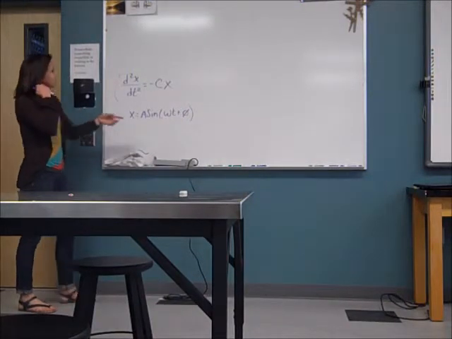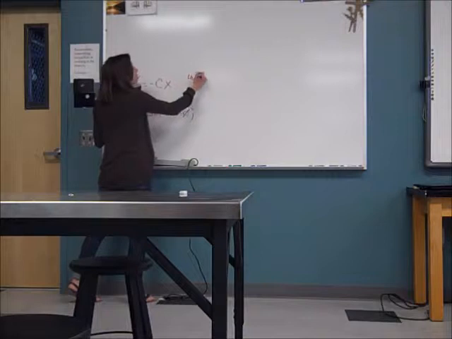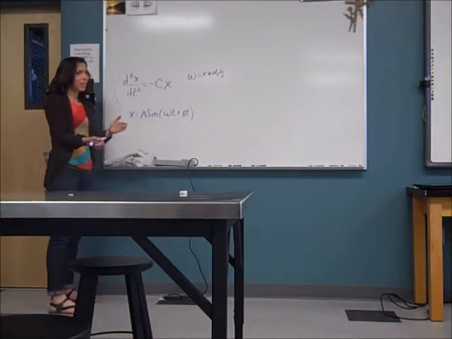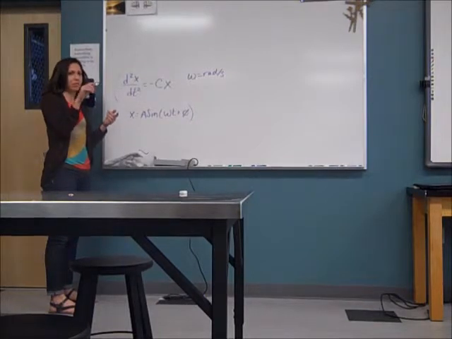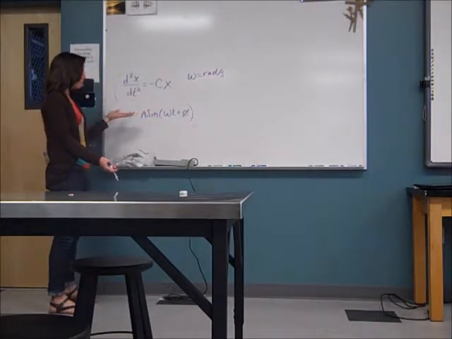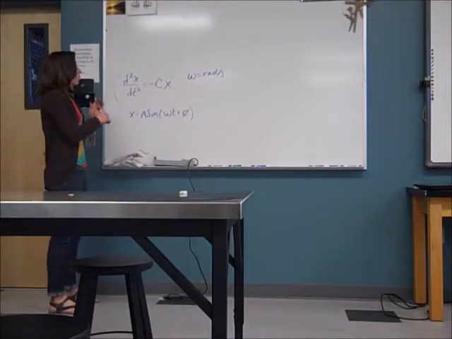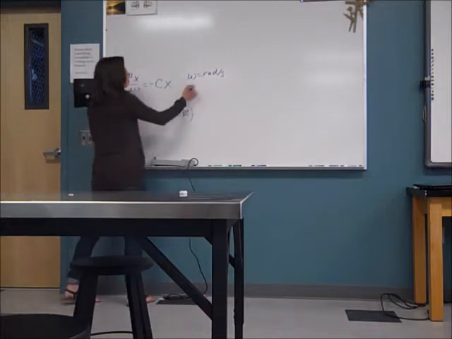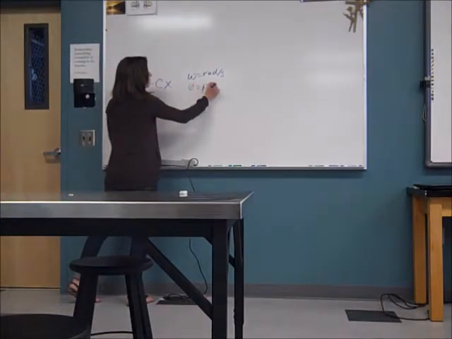Omega is the same as angular velocity when something's moving in a circle, because something moving in a circle is obeying simple harmonic motion. So, radians per second, and then we have this phi, which is your phase angle, or phase shift.